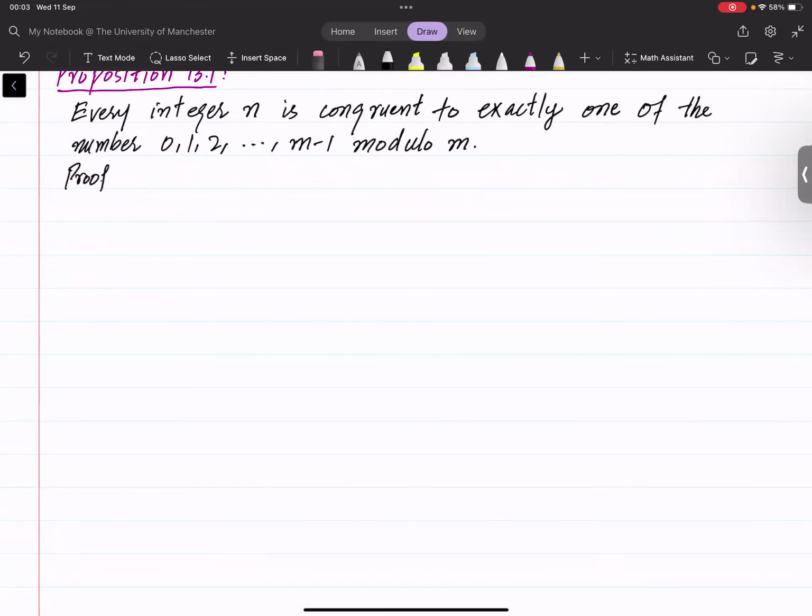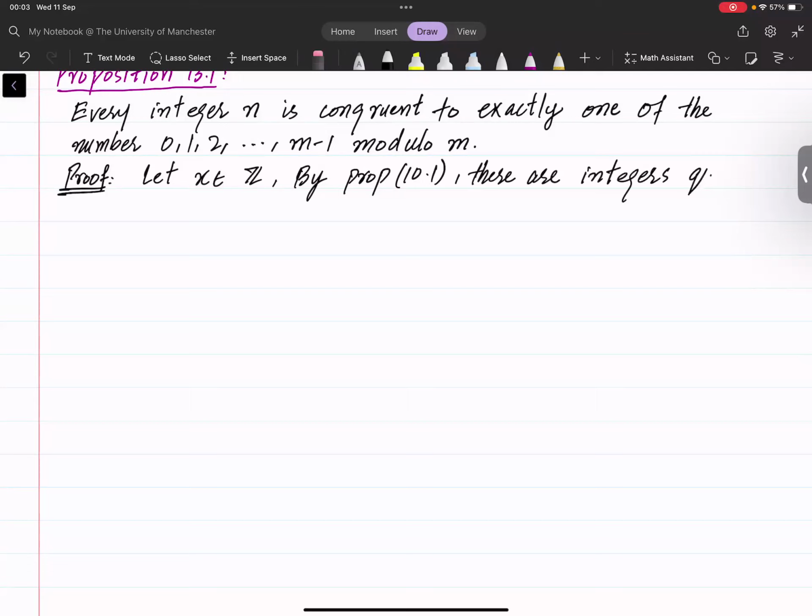Proof. Let x belong to the integers. By proposition 10.1, there are integers q, r such that x is qm plus r, with r between 0 and m. Thus x minus r is qm.